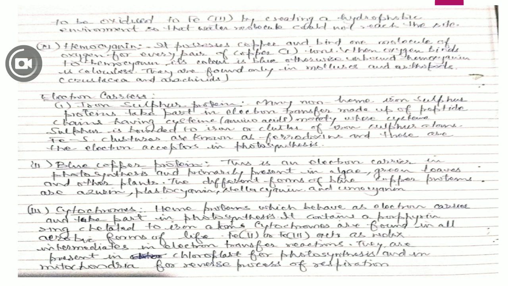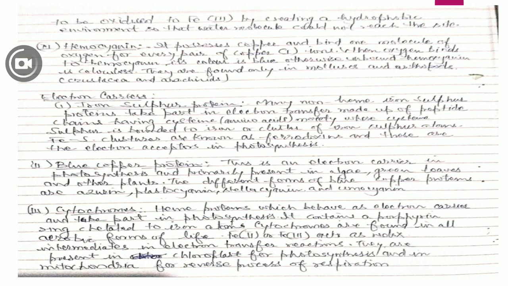These iron sulfur proteins act as electron acceptors, and we will study in photosynthesis how the electron carries from one reaction to another, or from one molecule to the other molecule, for these metabolic reactions which are going on in different biological systems to occur.